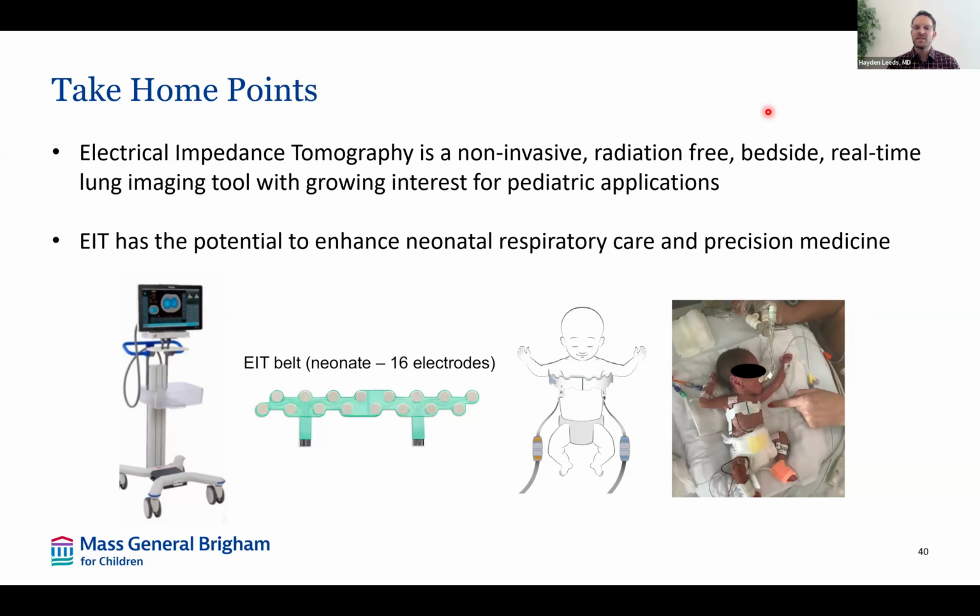Have you had experience in your own unit using the oscillator and the EIT? Yeah, so we use the oscillator for rescue modes of ventilation. I've not personally done it yet on our population, but the Timpel device, for example, has a specific modality to look at oscillated breaths.